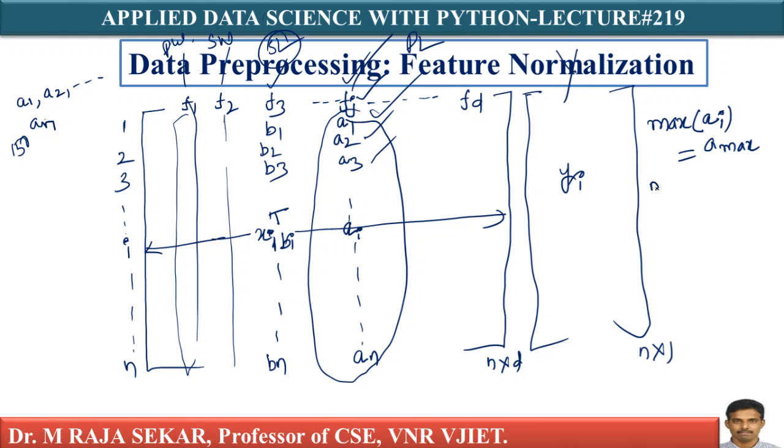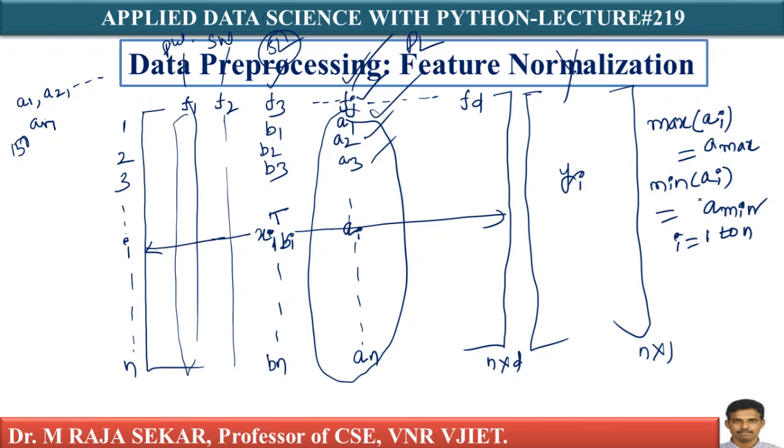In a similar manner, min of Ai is equal to A min. You must understand that, isn't it? Max of Ai means, in all Ai, what? i ranges from 1 to n. It means in A1, A2, A3, An, whichever is the maximum value, that is A max. In A1, A2, A3, and so on An, whichever is the minimum value, that is A min, isn't it?